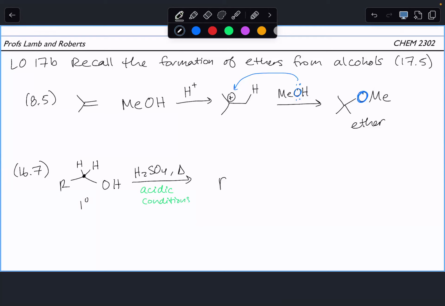We made ethers that were symmetrical, right? So this is an ether, and this group is the same as this group.